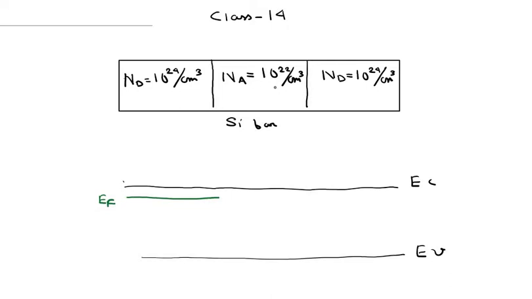Then this region is doped with acceptor type impurity, so its Fermi energy would be closer to the valence band. So let us say that the Fermi energy for this region is somewhere here, and then for this region again the Fermi energy would be closer to the conduction band over here.